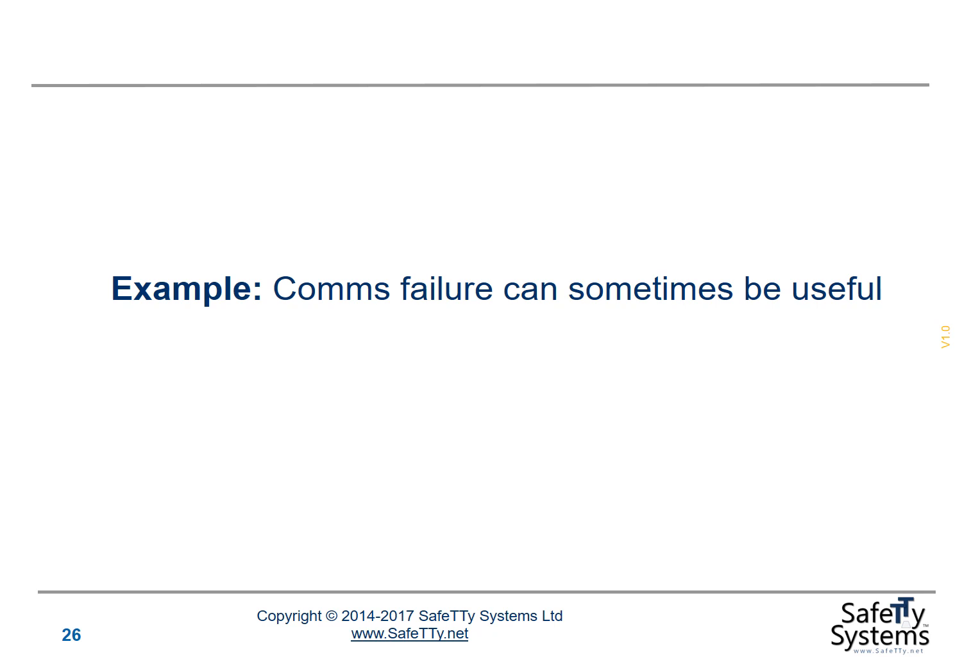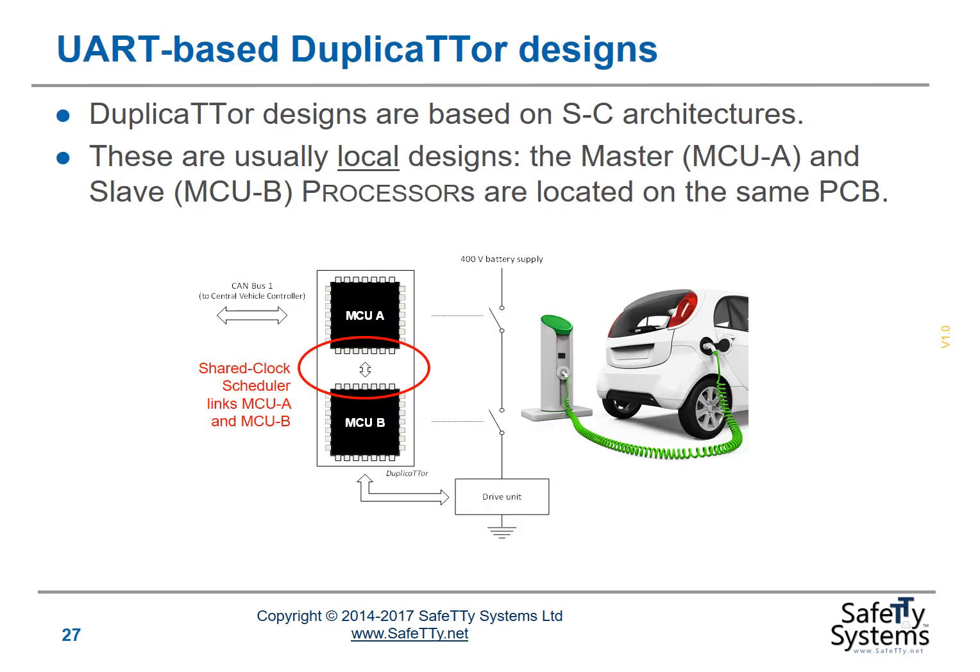Sometimes the failure of the COM bus can be a useful way of determining what's happening. With a shared clock arrangement like this, we can detect variations in the oscillator frequency between these 2 microcontrollers of approximately 2%.